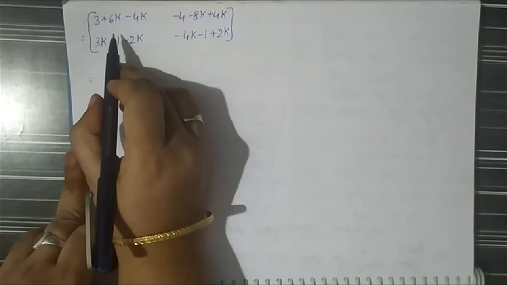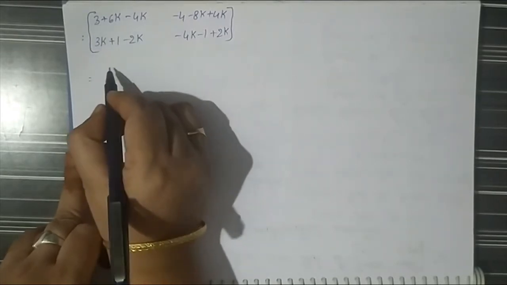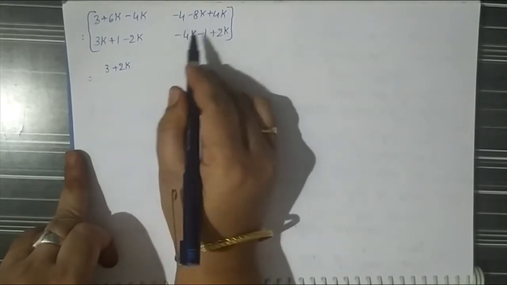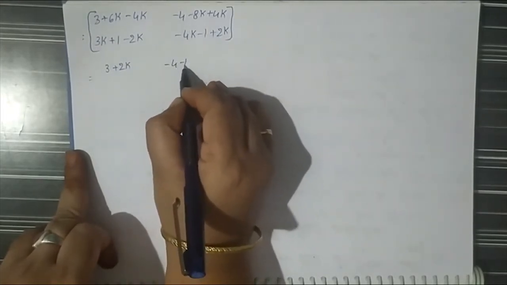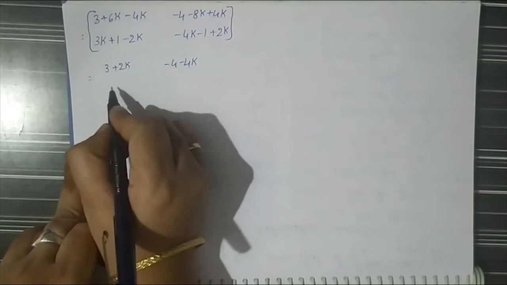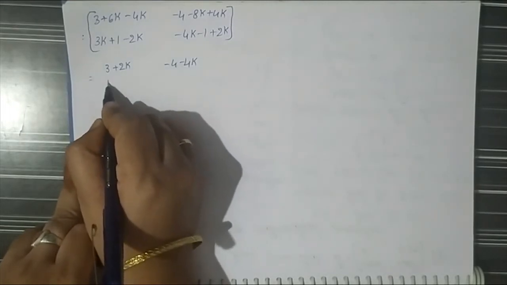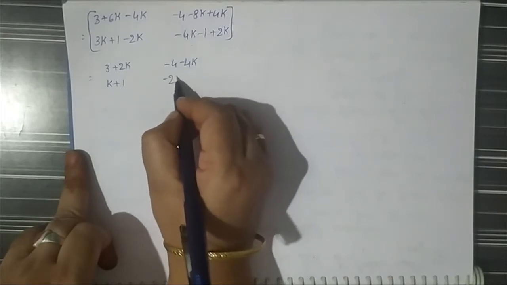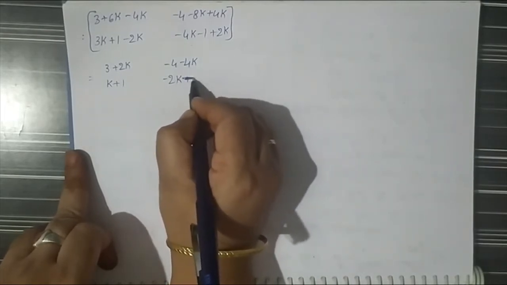That is equal to 3 plus 2k, minus 4 minus 4k, k plus 1, and minus 2k minus 1, sorry.